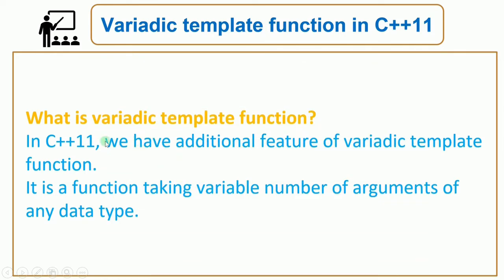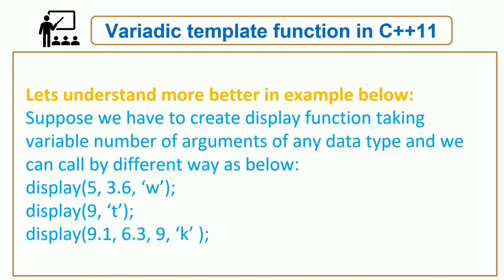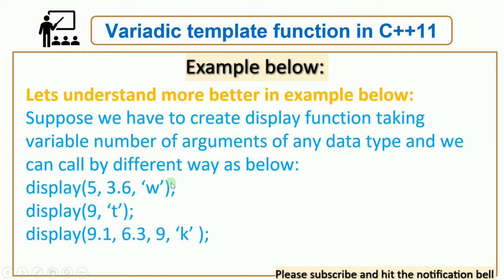Now let us understand in depth what it means. Moving to the next slide, let us see the example below. Suppose we have to create the display function which is taking a variable number of arguments of any data type, and in that case we can call it in different ways as below.